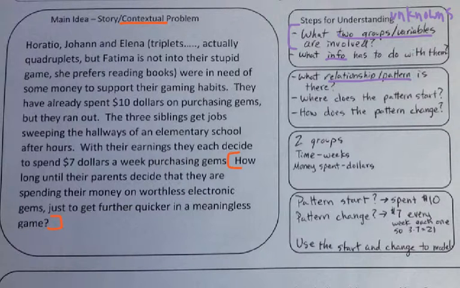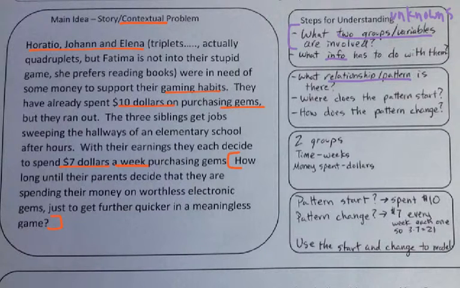So if we're looking at this story problem, we've got people, we've got money, we've got the gems that they need for their game. We also have time, weeks, right? So we've got their game, the people, money, time, and the gems. So what two groups do we think we're talking about? That's the tough part, trying to figure that out.